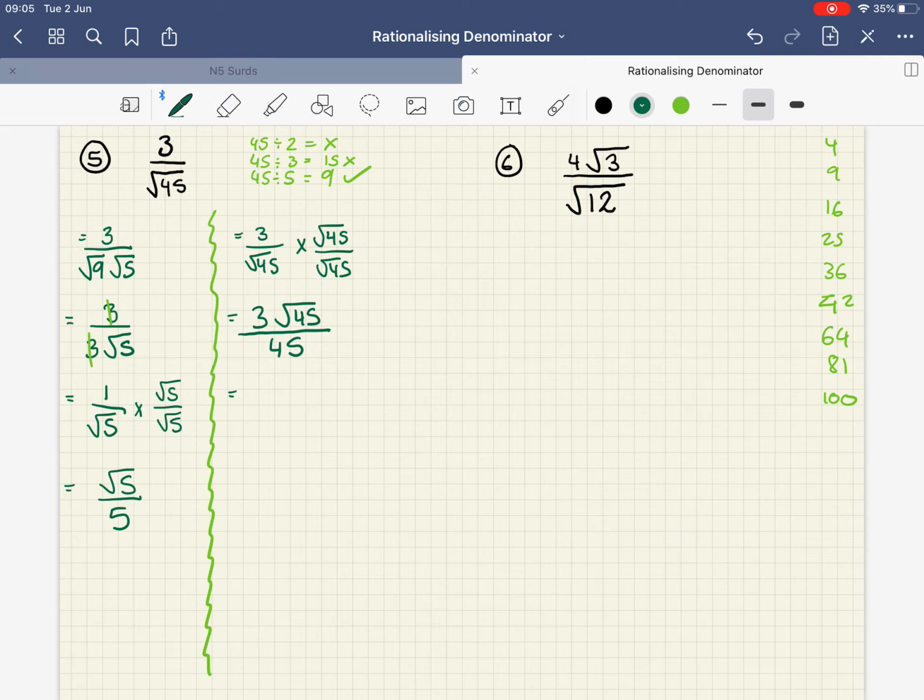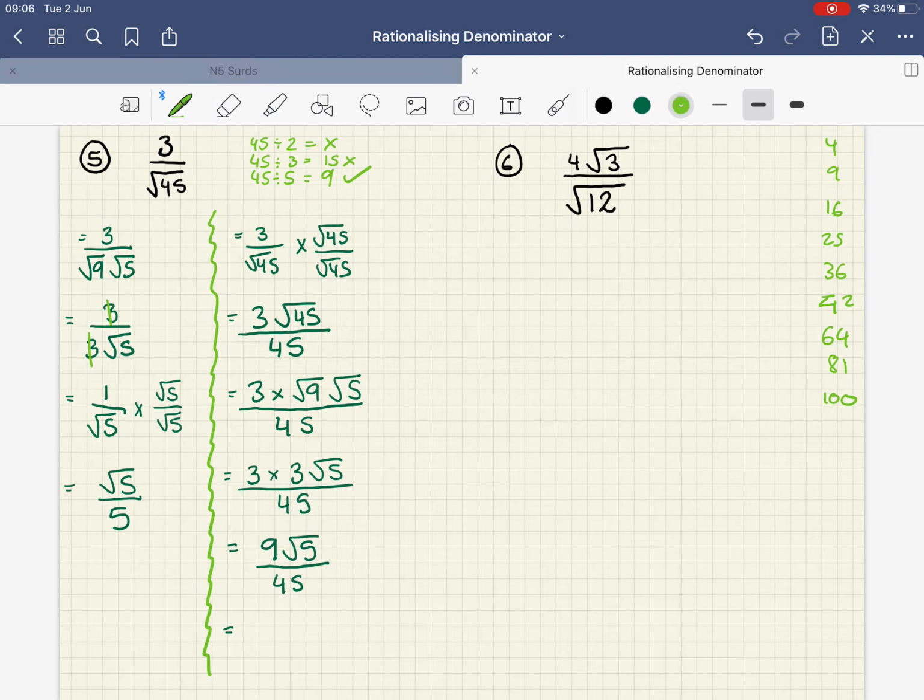So then simplifying that root 45 on the top, as we found out before, that would just be root 9 root 5. Then the square root of 9 is 3. And then that will be 9 root 5 over 45.